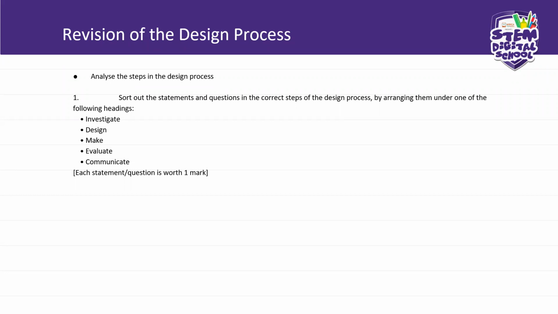Remember, we said these are the stages of the design process yesterday: investigate, design, make, evaluate, and communicate. We are revising the discussion of the design process, just to remind yourselves.